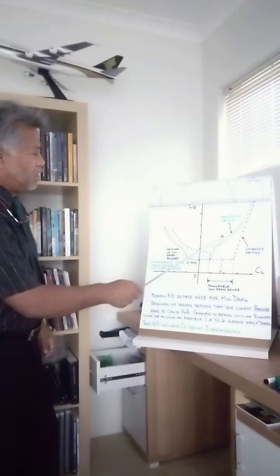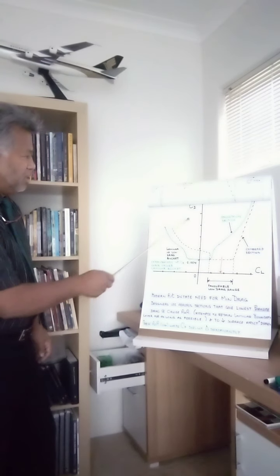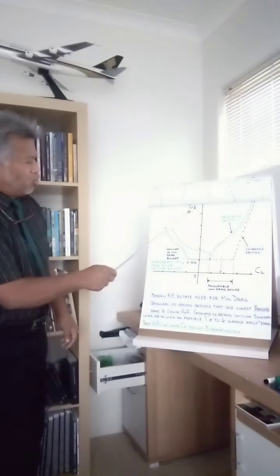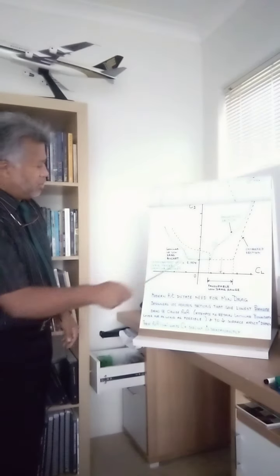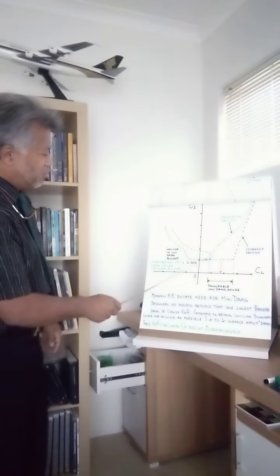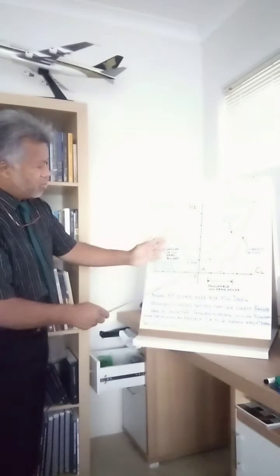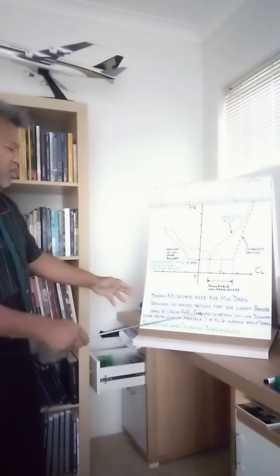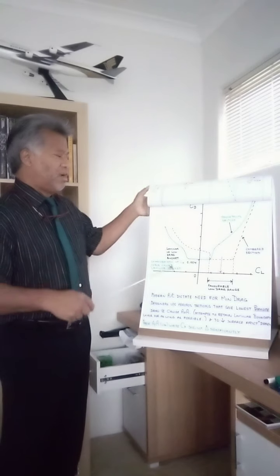Here is a bucket for a symmetrical section graph, shown with the coefficient of drag versus the coefficient of lift. This is the bucket you're looking at, and the most efficient area between the coefficient of lift and drag is here, where they design this type of aerofoil that is fixed to the aircraft.